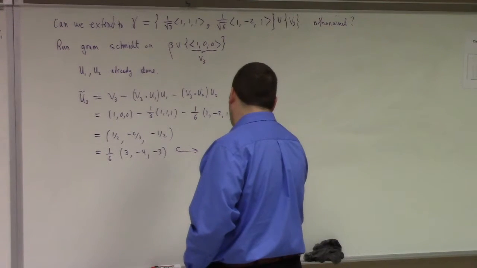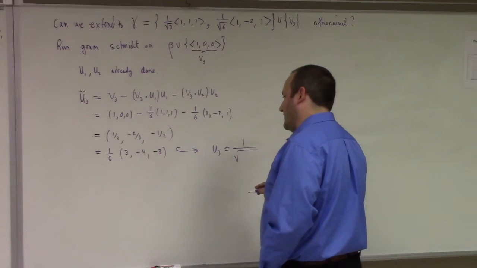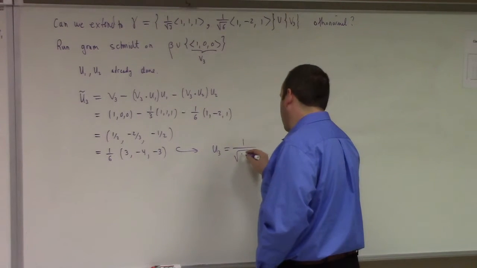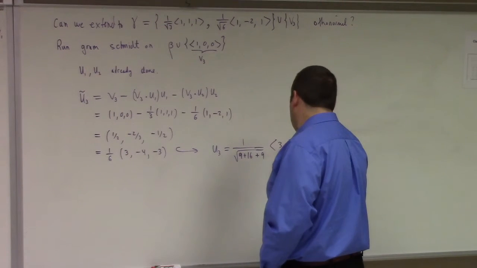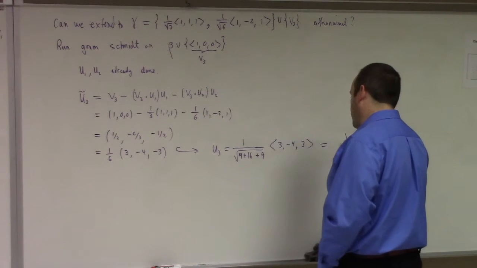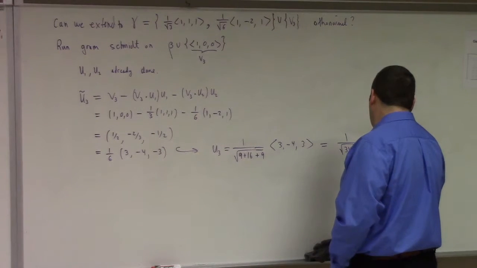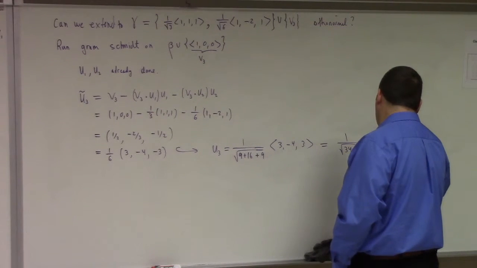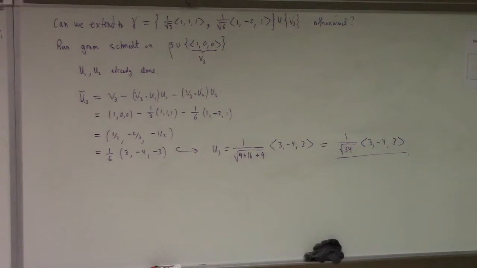U3 is 1 over the square root of 9 plus 16 plus 9, whatever that is, times (3, minus 4, 3). In other words, U3 is 1 over the square root of 34 times (3, minus 4, 3). That has length 1. Yep.